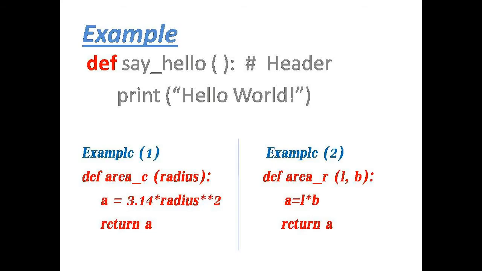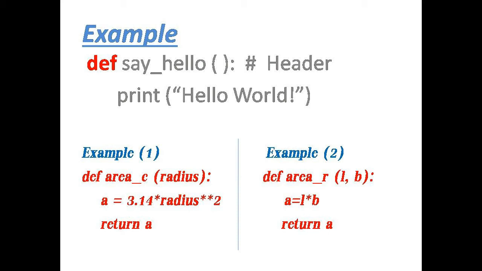Okay, fine. We have seen the syntax. Now let us see an example related to the syntax. At the first line it is written def space the function name, say underscore hello, then a parenthesis followed by a colon, which means this is the header line of our function.